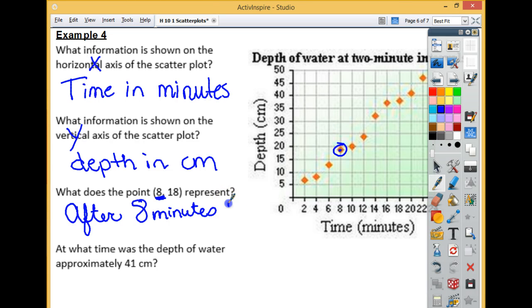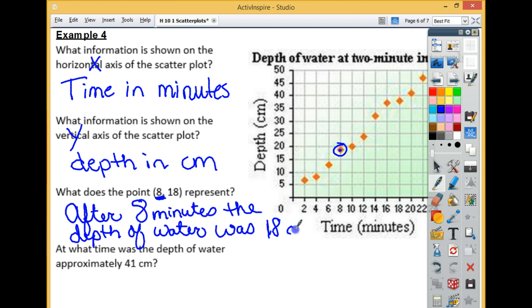Yes, after 8 minutes, the depth of water was 18 centimeters, period.